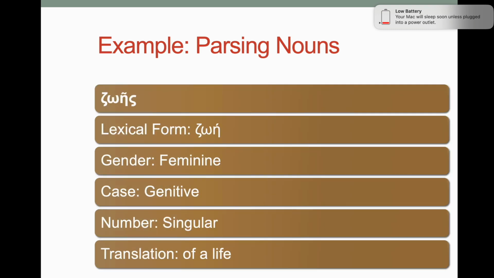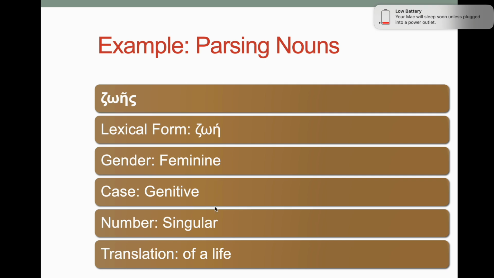And lastly, there's zoes. It's from zoe. Okay? It's got a sigma on the end. Zoe is its lexical or dictionary form. So that's feminine, and that's the genitive singular ending, the sigma on the end.